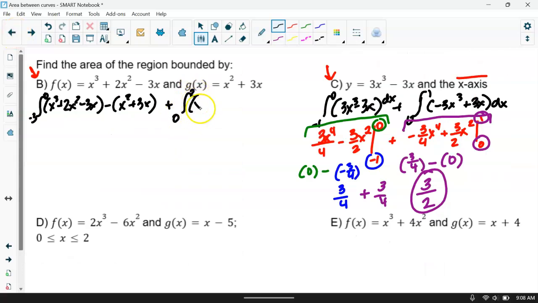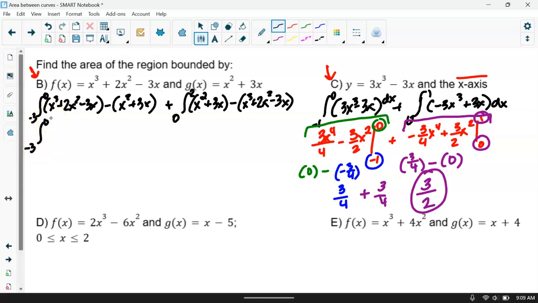Now it's switched. g of x was up top, x squared plus 3x minus (x cubed plus 2x squared minus 3x). So practice now the simplifying so that you can see what we are finding the integral of.